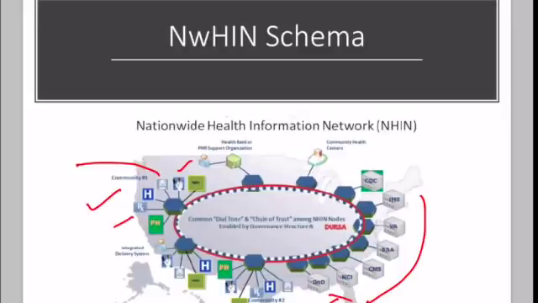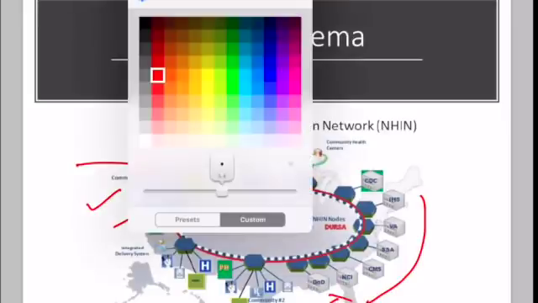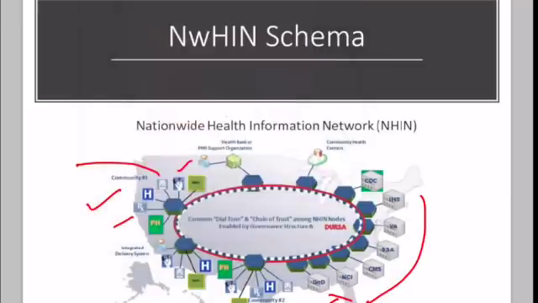You see this red thing here. Let me change the color so it's more visible. This red is basically the internet, and these dotted lines are the standards. This means NWHIN members exchange information through the internet with the help of standard specifications and agreements for secure connections. Okay.